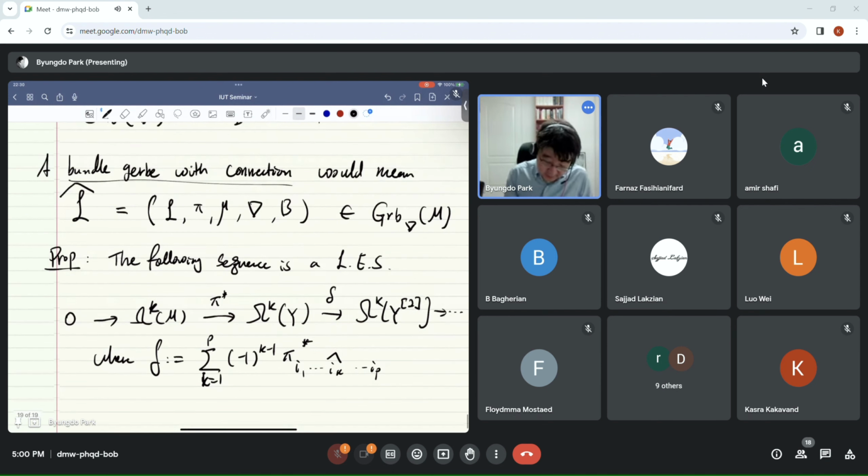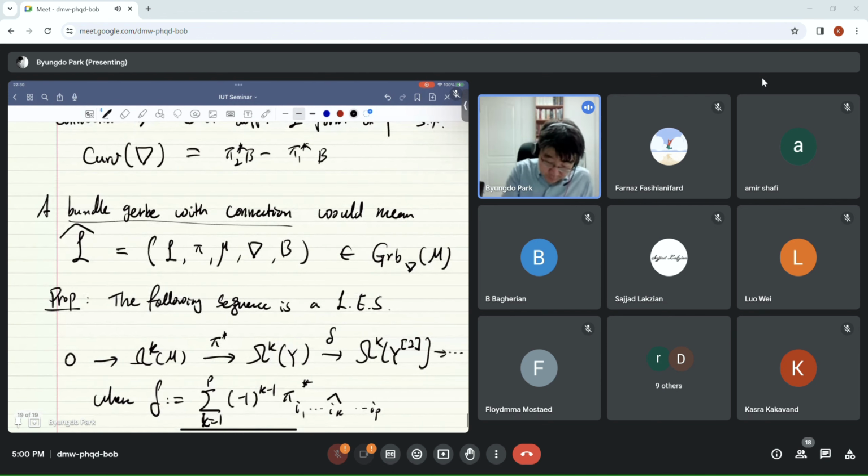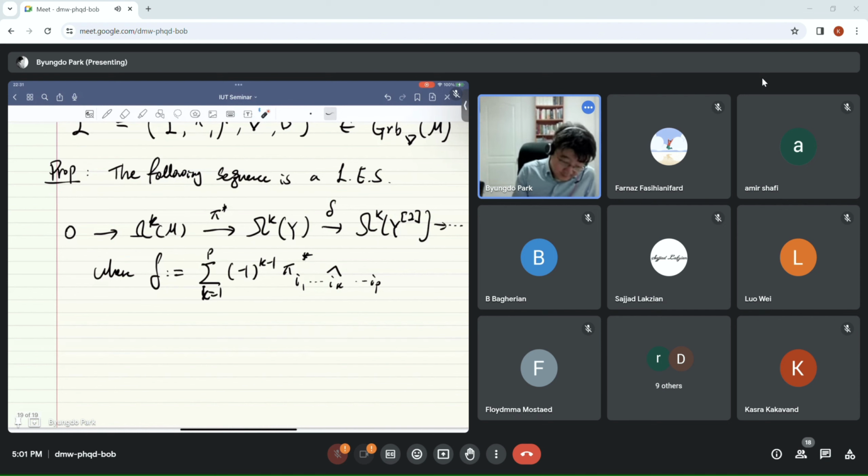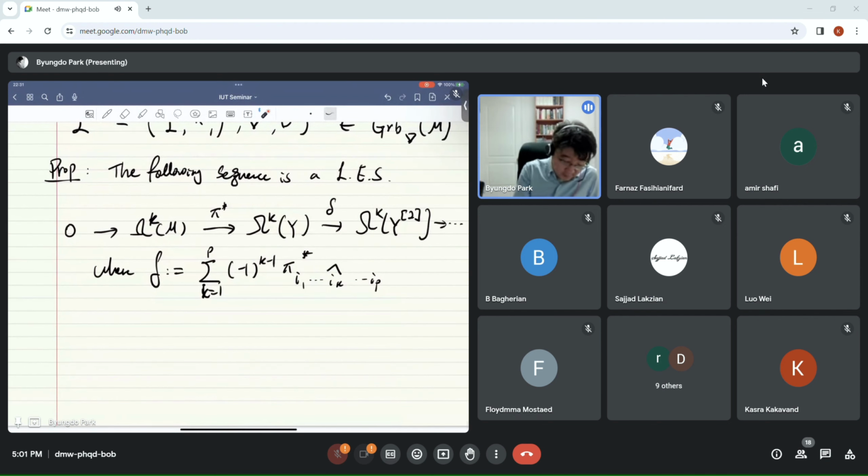So this would be like this delta map. If you see this, pi_2 pullback means 1, 2, and then you omit 1. And then pi_1 pullback means 1, 2, and then you omit 2, and the sign is minus here. And you go in this way to the final.